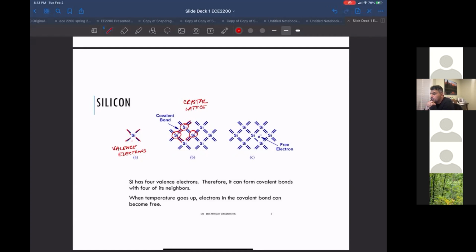Okay, so that's just a material with 4 covalent bonds. What you've probably heard about or seen in circuit classes are insulators.